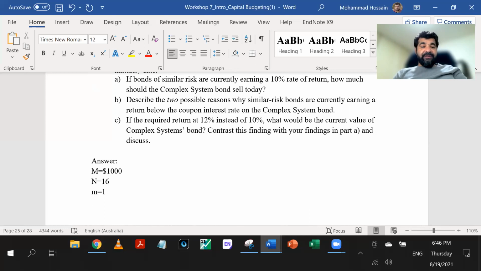The coupon interest rate is equal to 0.12. And the required rate of return, which is your RD.